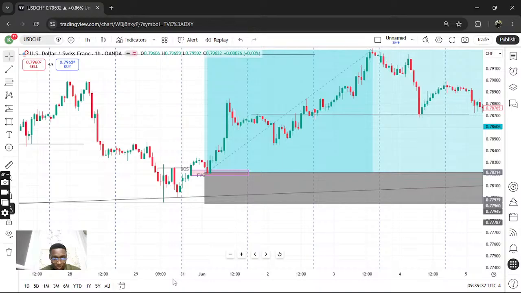So all those things that happened in the 4 hour time frame that I explained to you, the doji candle and the next one that happened to it, this is it.